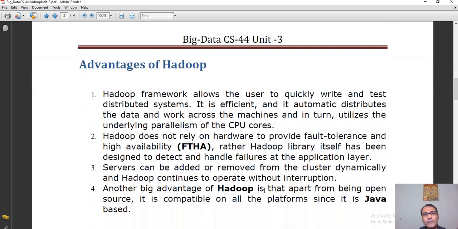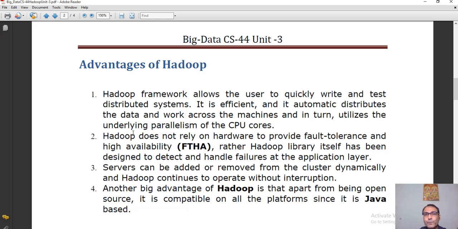Advantages of Hadoop. These are the basic advantages of Hadoop. It is a framework which allows users to quickly write and test large distributed systems using a huge amount of data. The CPU of the Hadoop framework architecture is managed using a parallel processing system.